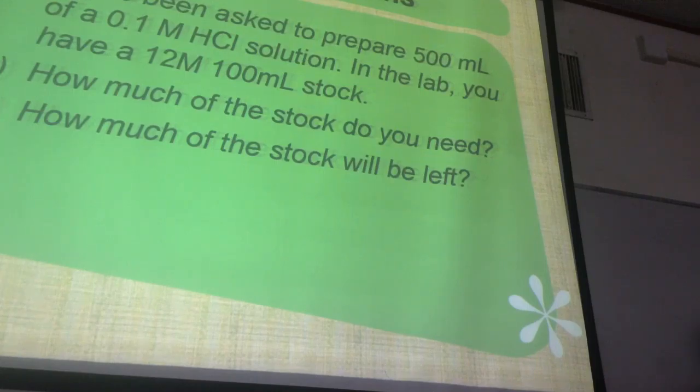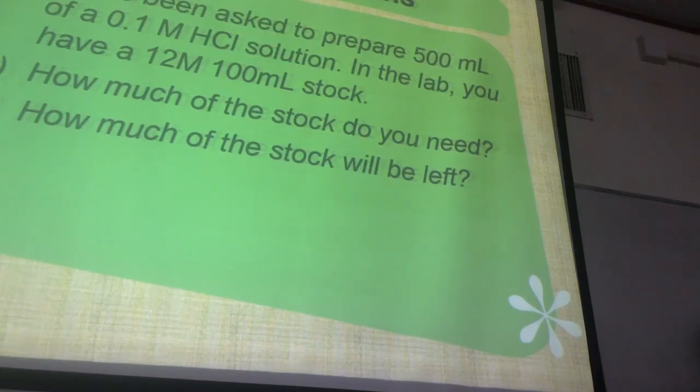What we have, C1, is 12 molar, but we don't know what volume of the 12 molar stock we need to dilute to get 0.1 molar of 500 milliliters.